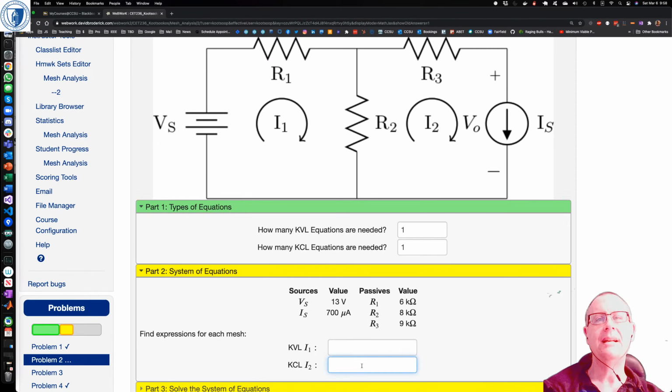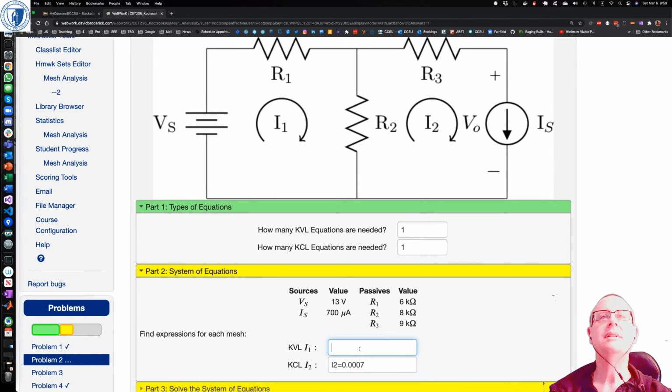And the KCL equation for I2 is just I2 equals 0.0007 in amps, right? That's 700 microamps.